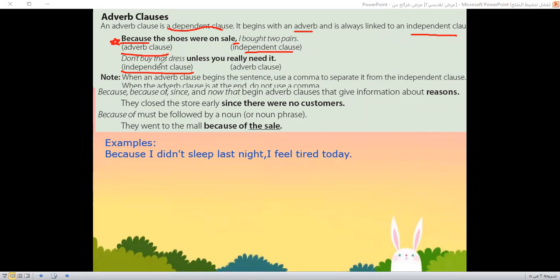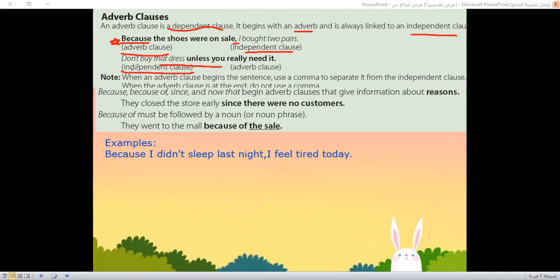As you can see, do you have any comma here, as we have in the first one? Do we have a comma? No. Why? Because I didn't start with the adverb clause. If I started with the adverb clause, I should put a comma after the adverb clause. You see? But I didn't start with the adverb clause. I started with the independent clause.